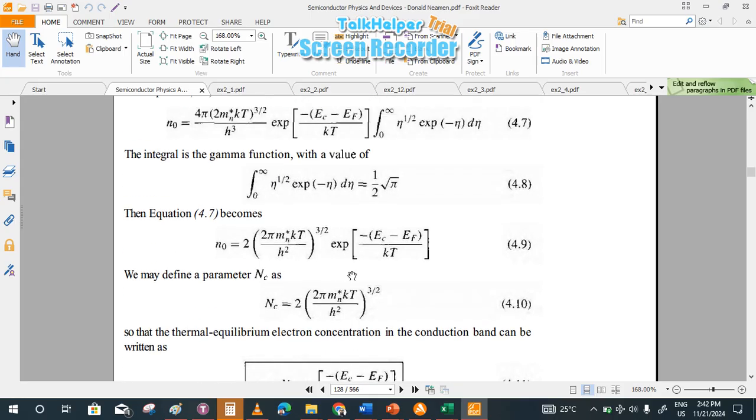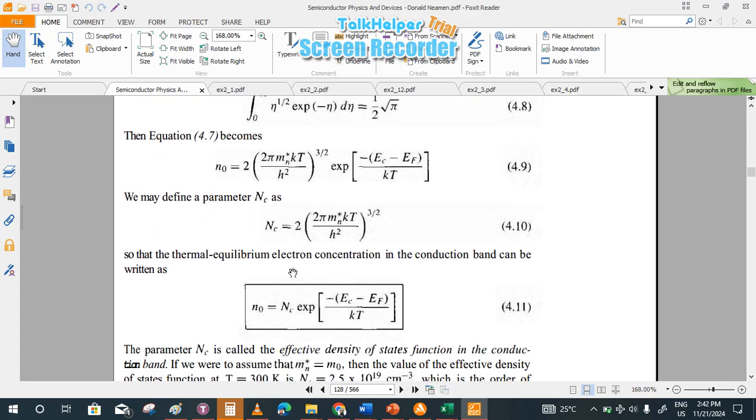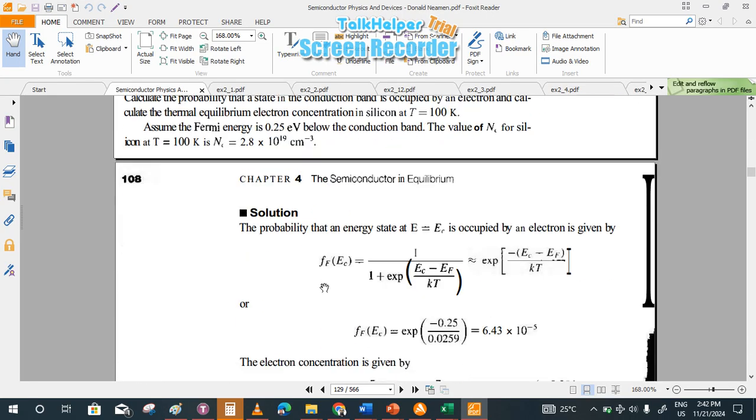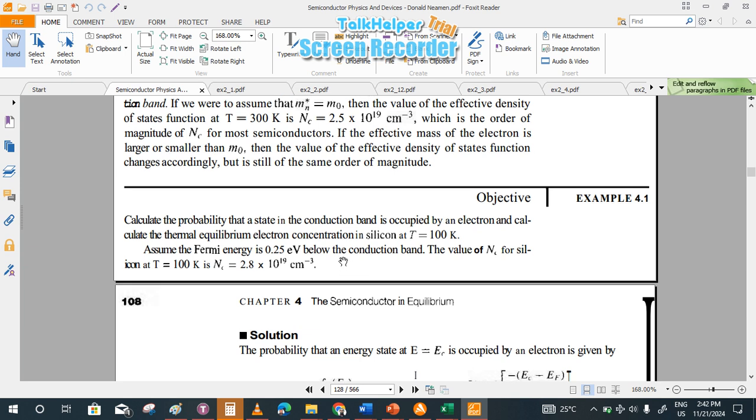This equation is gotten from the Fermi-Dirac probability if you do the binomial expansion of the fraction. This nc is the concentration that you have in the conduction band, and that's for electrons. For holes, it is nv, what we have in the valence band.